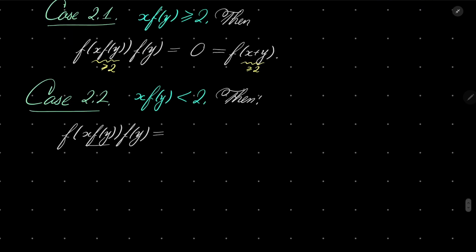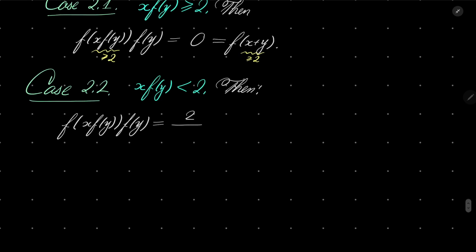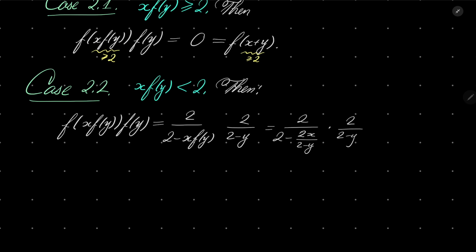Well, since this is less than 2 and y is less than 2, we can write it's 2 over 2 minus x f of y, 2 over 2 minus y, and let's write it, it's 2 over 2 minus 2x over 2 minus y times 2 over 2 minus y, and after simplification, let's do it slowly.